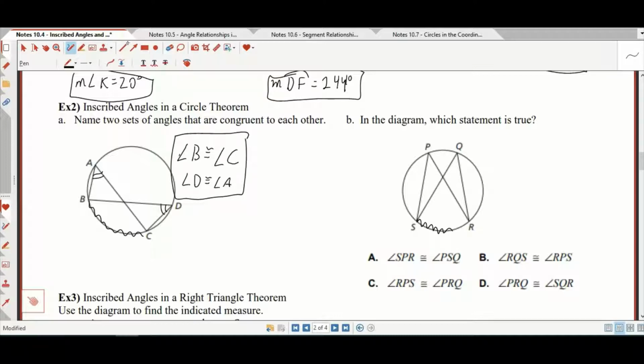Oh, wait, is that a multiple choice question? Holy moly, I can't believe it. In the diagram, which statement is true? SPR is congruent to PSQ. Well, SPR, this angle, is it congruent to PSQ?